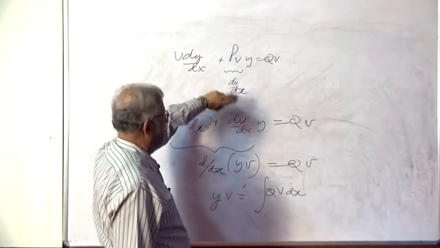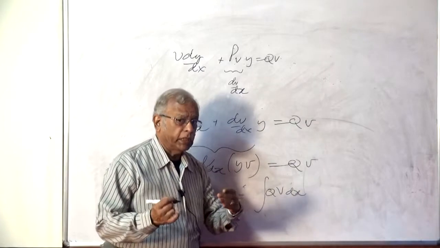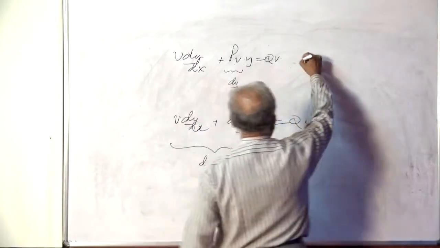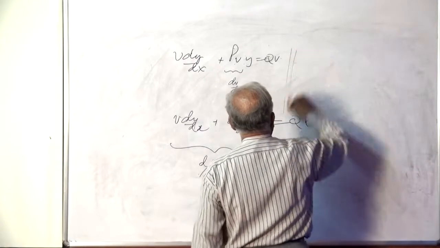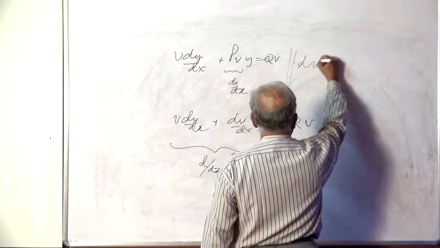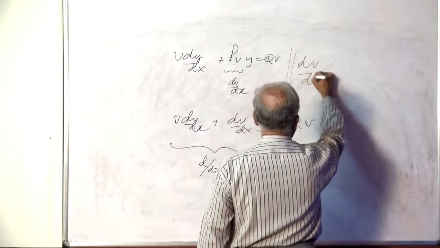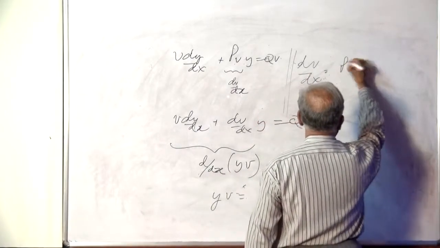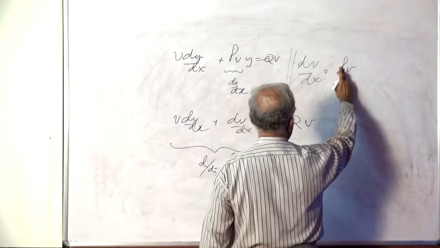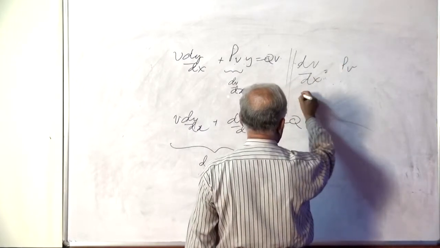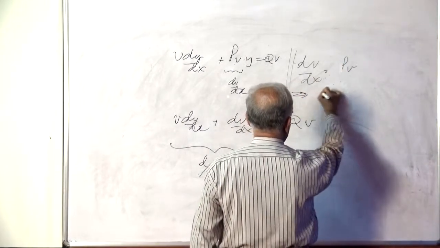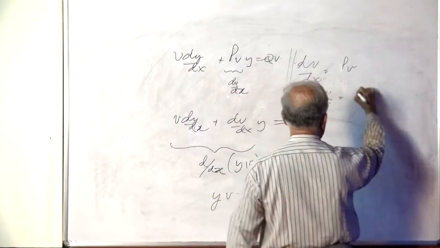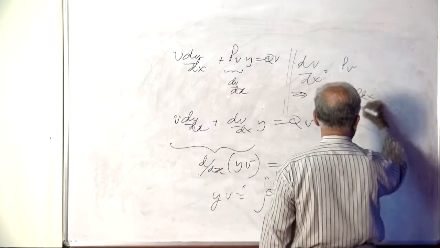What does that mean and what value of V is it going to throw out? If we just write down dV/dx is PV, then this implies that dV over V is equal to P dx.